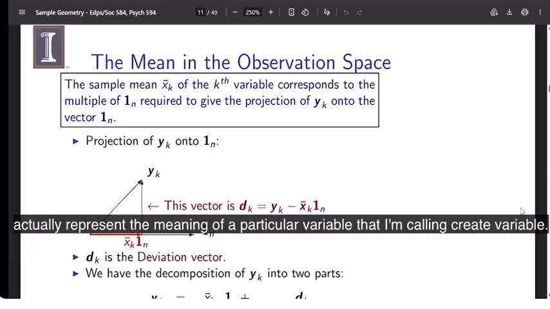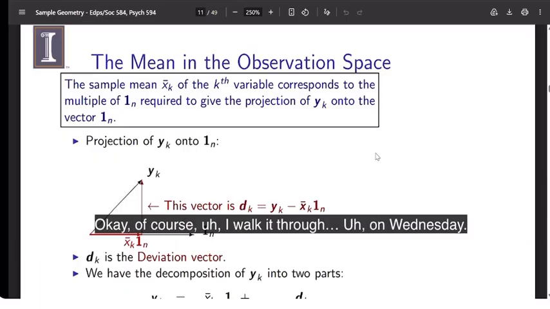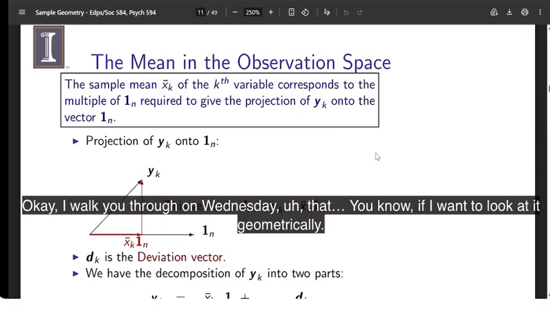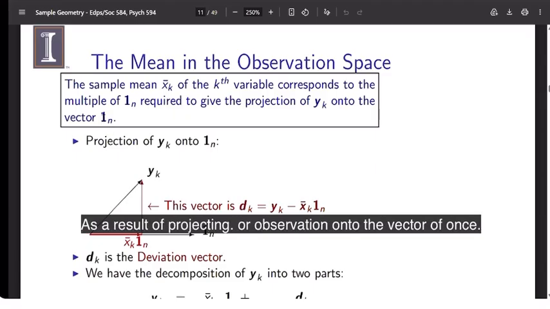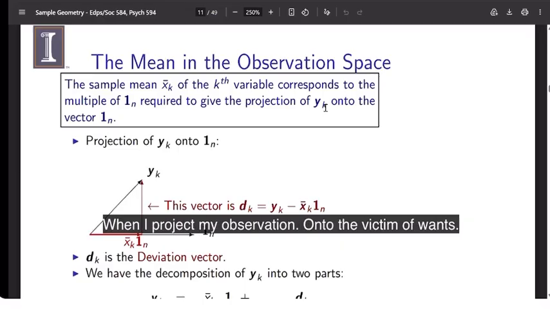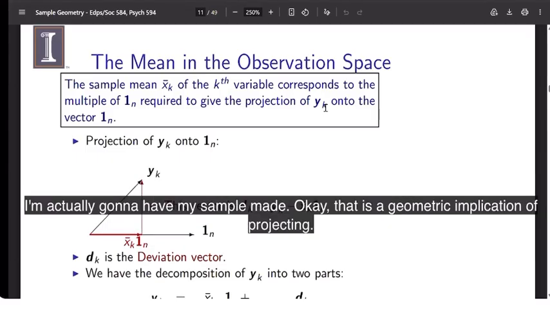If I look at it geometrically, getting the sample mean occurs as a result of projecting observations onto the vector of ones. When I project my observation onto the vector of ones, I get my sample mean. That is the geometric implication of projecting a vector.